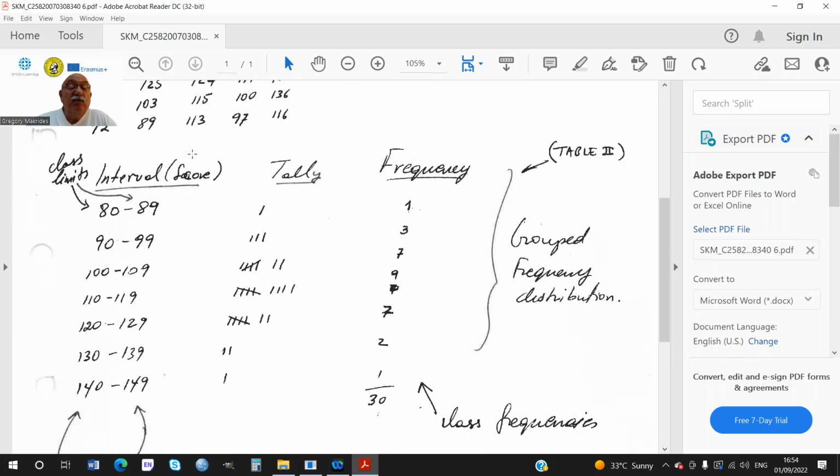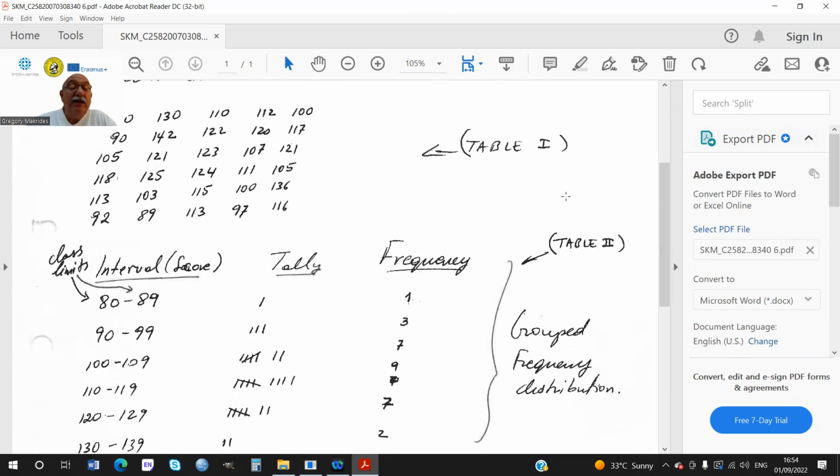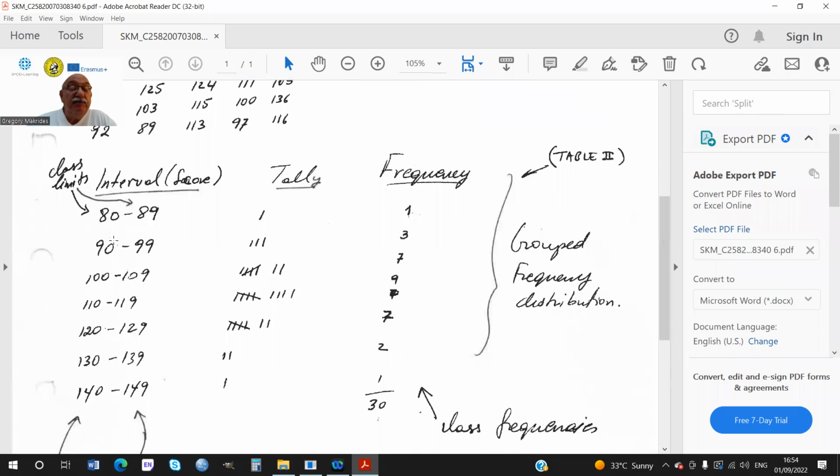In these scales, then, what do I do? I go back to my data and find which interval each number belongs to, and I can use tallies to quickly find this. I have one number going into here, 3 numbers in this interval, 7 in this.